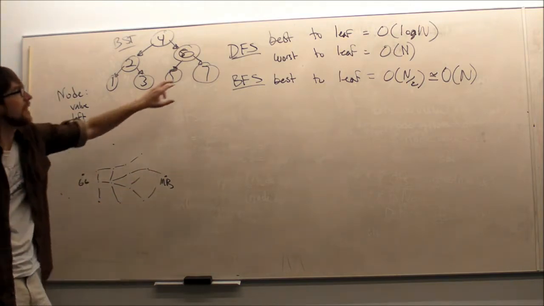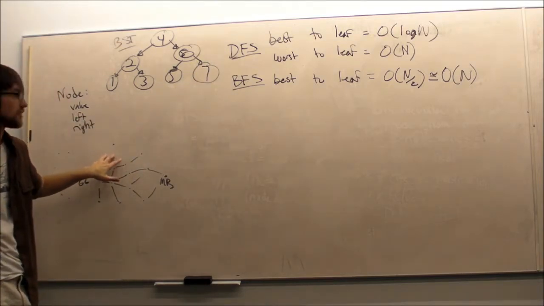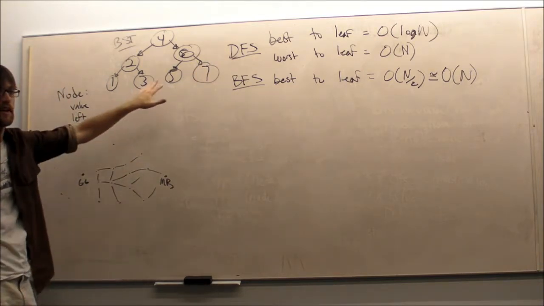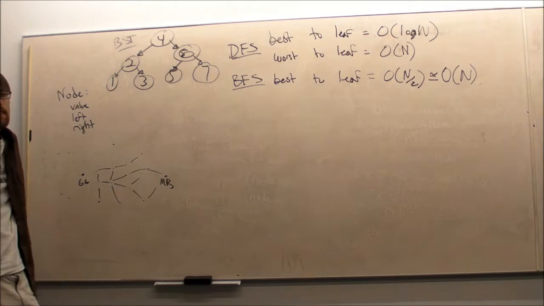How do these two algorithms perform in this graph situation that's much larger and less constrained than a binary search tree? And how do these graphs change?